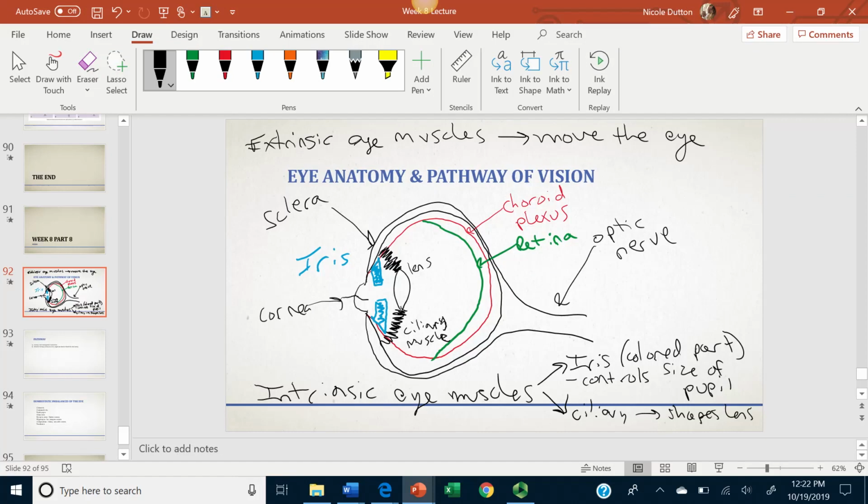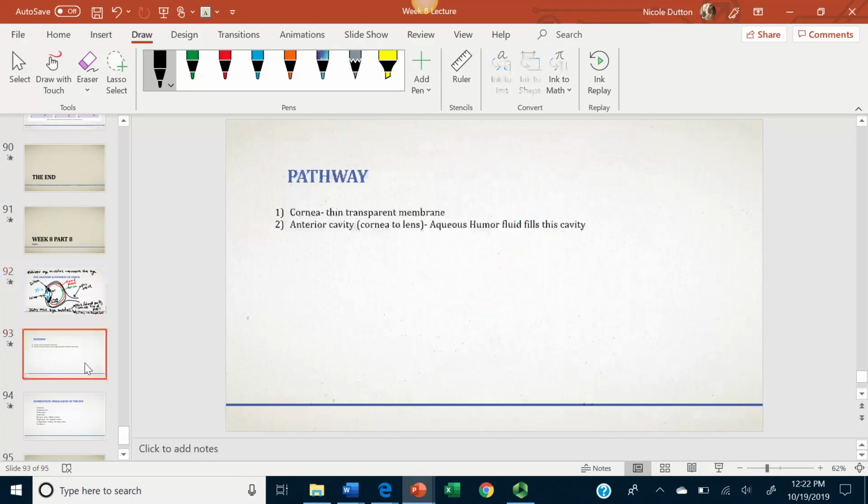So continuing on with our pathway, light travels through the cornea, which is that thin transparent membrane, and enters into the anterior cavity. We have two separate parts to the anterior cavity. Which is the anterior chamber that lies between the cornea to the pupil.